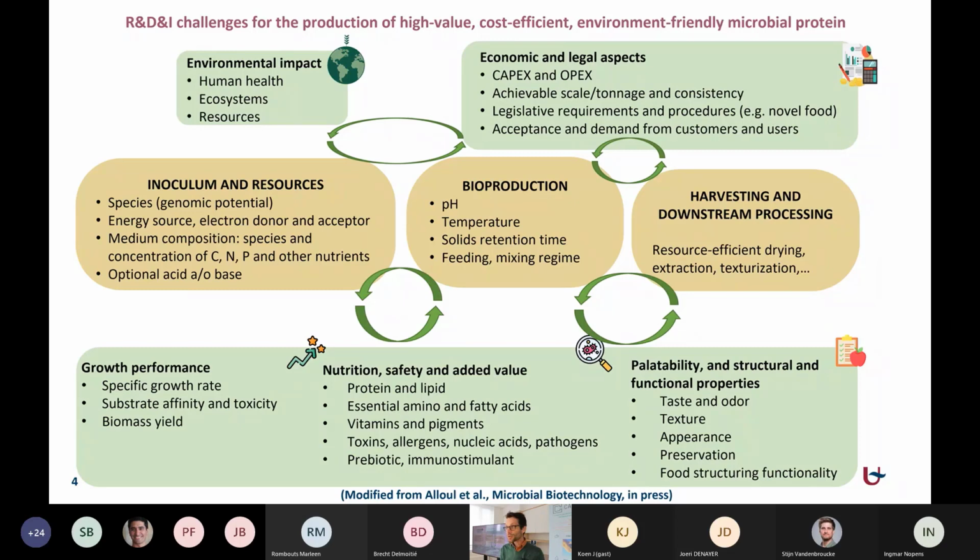And there's a whole suite of parameters that we should take into account, not only in the lab, not only measure the protein, but also test it in vivo with feed and food trials. And of course, particularly if we go for food, this product should be palatable and should have very interesting functional properties to use as an ingredient in further preparations.